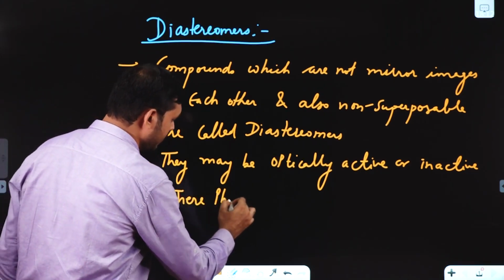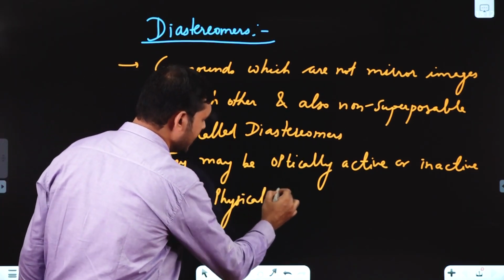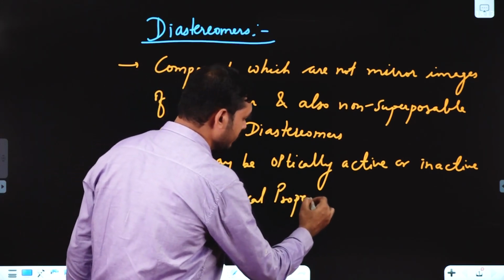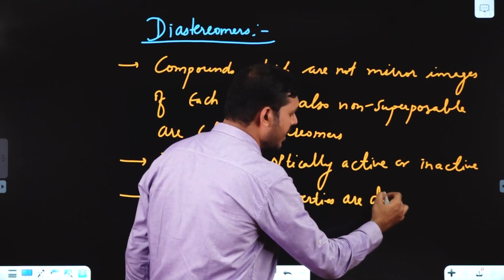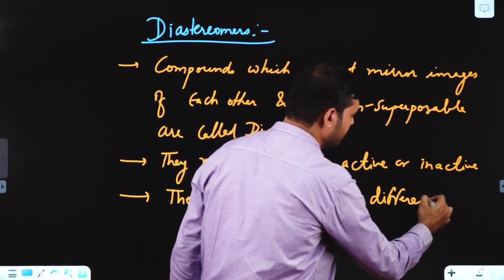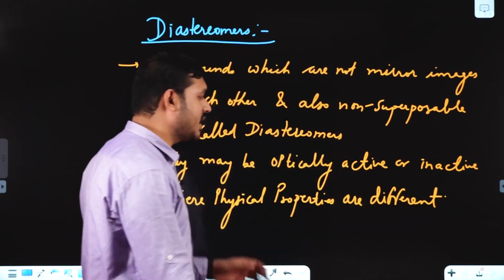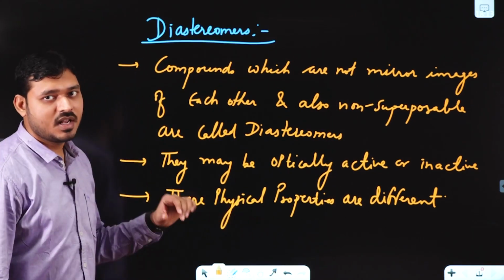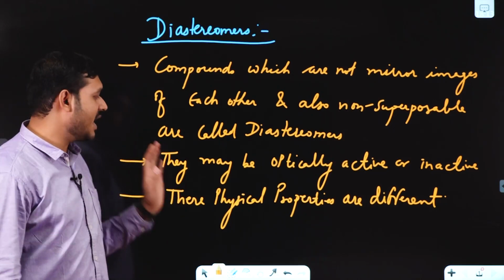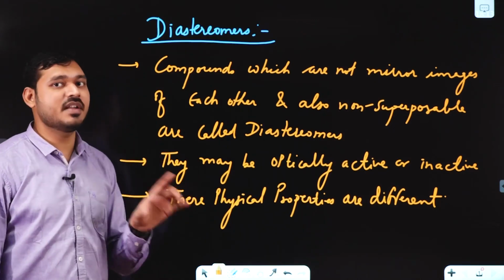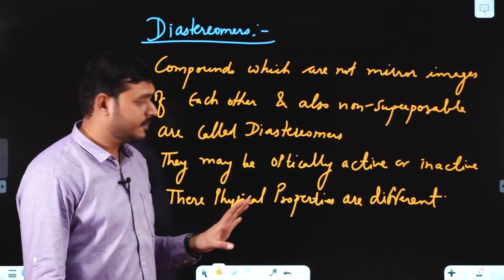Now, their physical properties are different. Physical properties, as we have discussed for enantiomers, like boiling point, melting point, refractive index, density. So for diastereomers physical properties are different. Okay, clear?